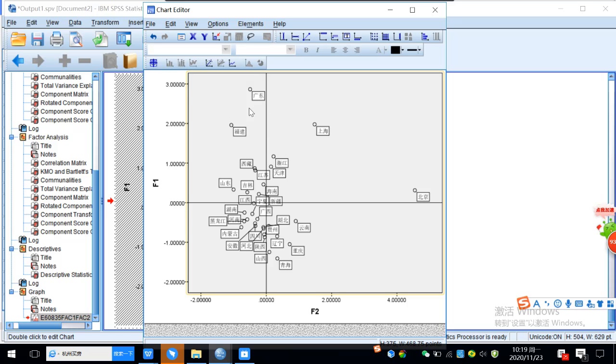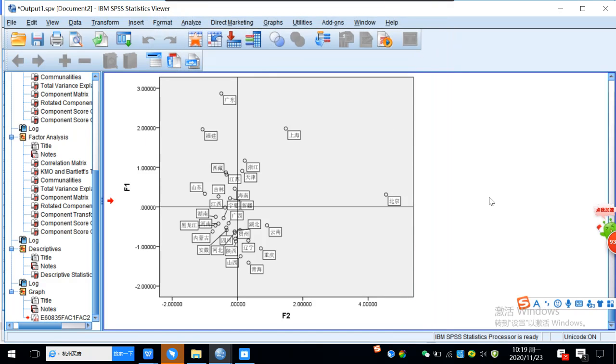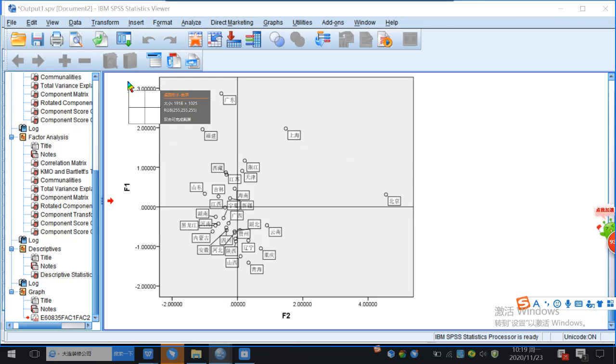So from here you have the information on the incomes of different units in various provinces. This information is useful.